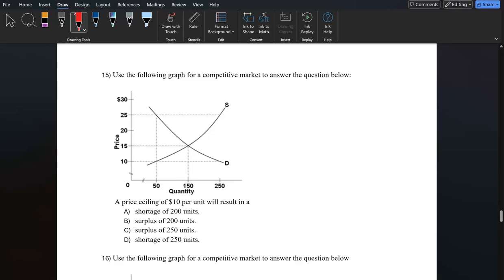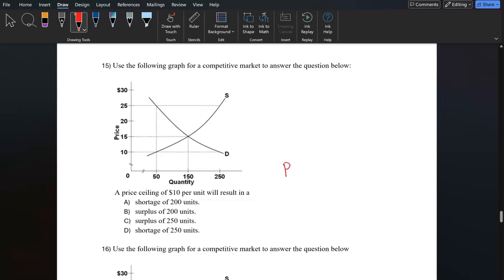Question 15. The equilibrium price is $15, but the government comes in and imposes a price ceiling of $10 per unit. About a price ceiling. This is the maximum legal price.